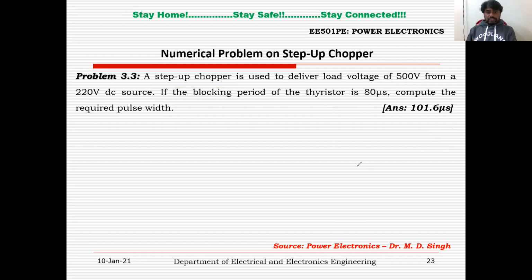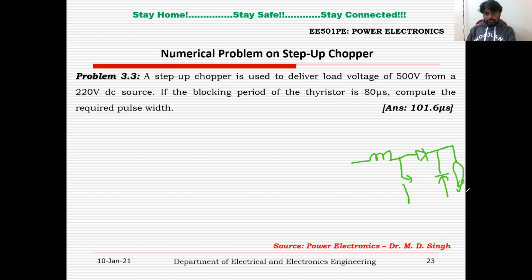Now just see the boost configuration, circuit diagram. So we'll be having inductor first, then a chopper. This arrow represents the direction of current. Diode here. You can find the capacitor, right? And thereafter it will be having load here.